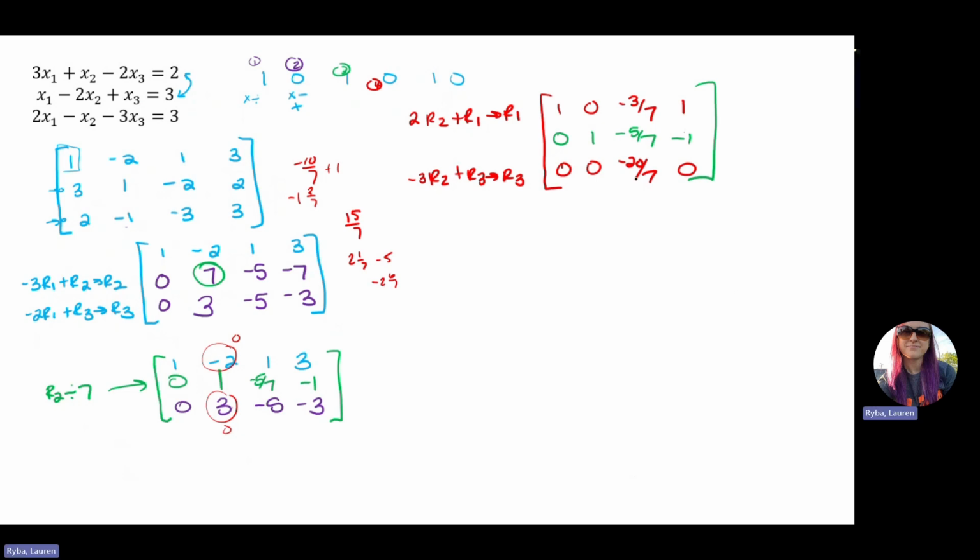All right, so next is to get the 1 on the next diagonal. So the 1 is found by either multiplying or dividing. And if we have a fraction, we're going to multiply by the reciprocal. So from the previous line, the top and the middle are not changing.